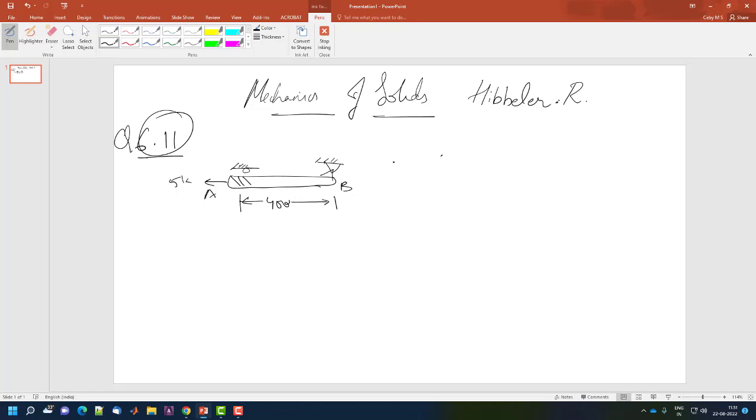So let me make the free body diagram here. 5 kilonewton is being applied, and here there will be RA.